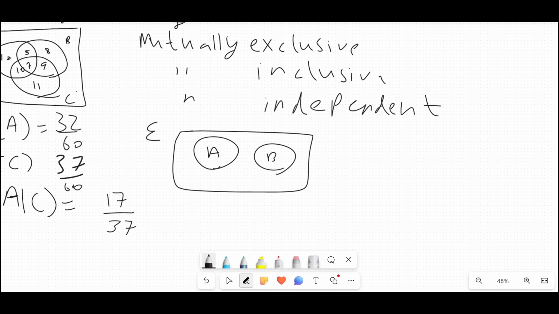So an element can never come in both A and B, let's say A is heads and B is tails. An element can never come in both sets. Therefore these two sets are mutually exclusive.